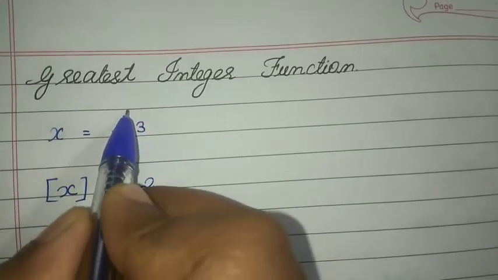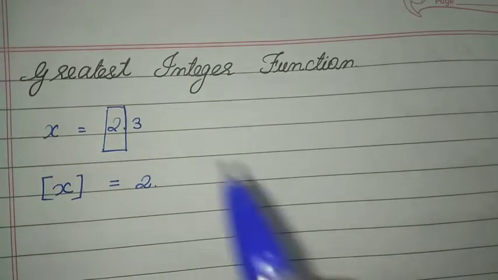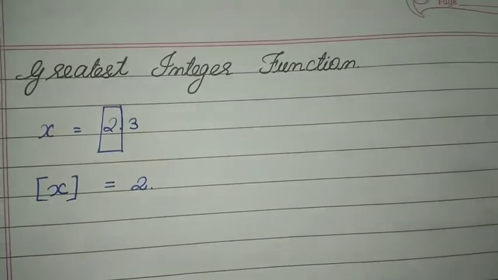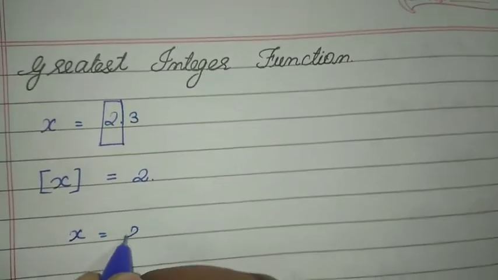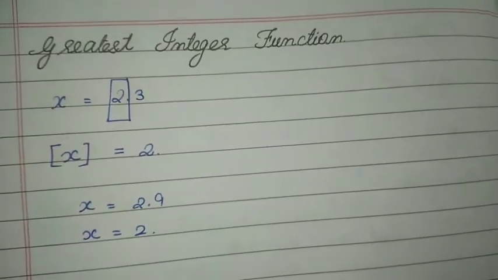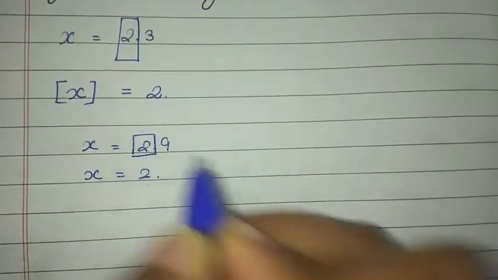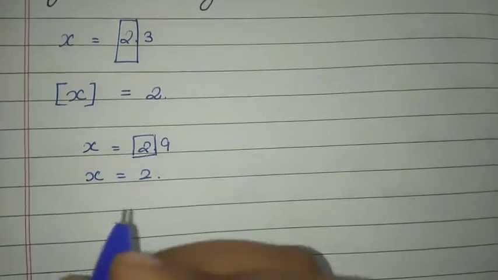We will be truncating this part and writing only the part before the decimal place. Even if x is equal to 2.9, we will be writing 2 only. It is not rounding off. We are taking only the number which is before the decimal point. Okay.